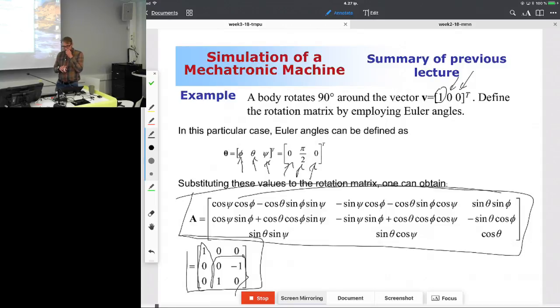I don't know if you've had time to look at the next weekly homework. In it, I'm asking you to introduce the rotation in such a way that the vector v is not this one here, but one where the first component is 0, the second one is 1, and the third component is 0.